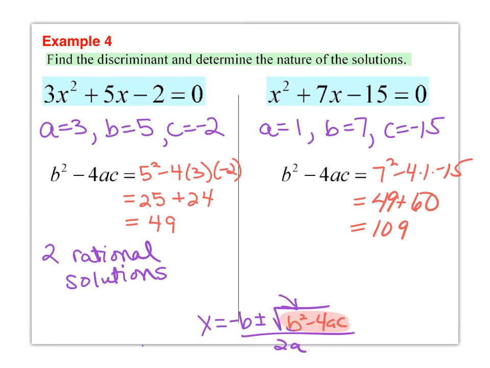Now 109 is not a perfect square, but it is going to be a real number when you take the square root of it. It just won't be a rational solution. So we say we have two irrational solutions because the discriminant is positive, but it's not a perfect square.